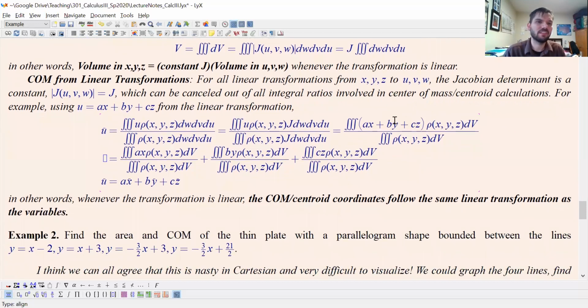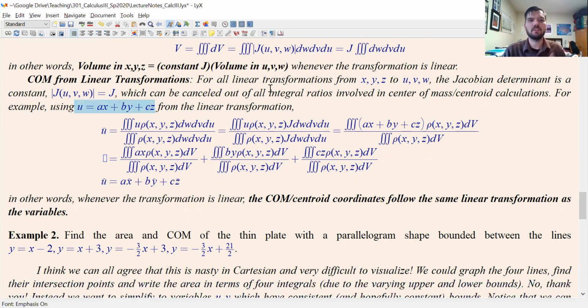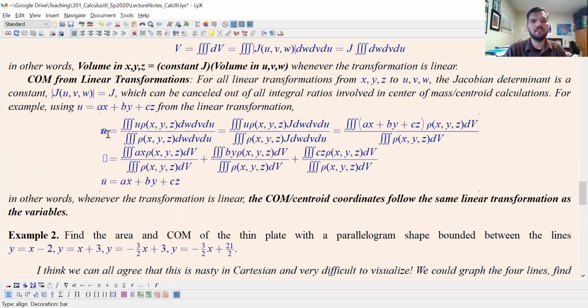And even more importantly, the center of mass and centroids from linear transformations can be calculated directly from the linear relationship. For example, if we have u is equal to ax plus by plus cz, a much more complicated linear relationship, we can write the relationship that u bar is equal to ax bar plus by bar plus cz bar. The relationship between centers of mass is the same as the relationship between the variables.